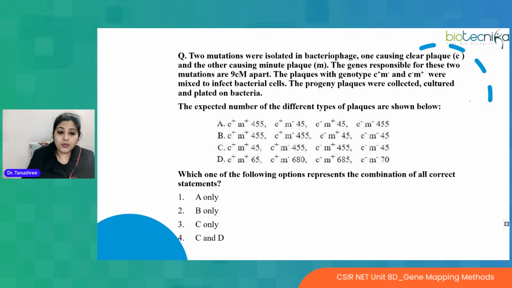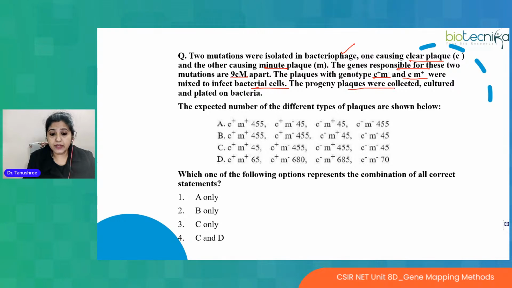The question is: two mutations were isolated in bacteriophage, one causing clear plaque and the other causing minute plaques. The genes responsible for these two mutations are 9 centimorgan apart. The phages with genotypes C plus M minus and C minus M plus were mixed to infect bacterial cells.